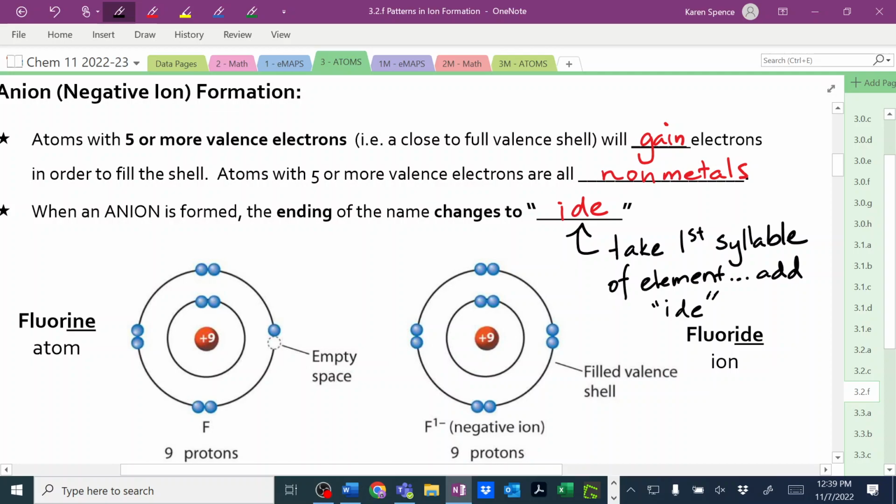So almost every single anion has a 2-syllable name.